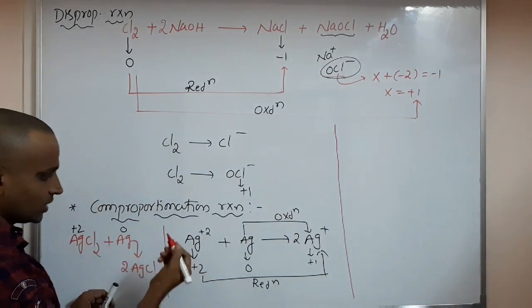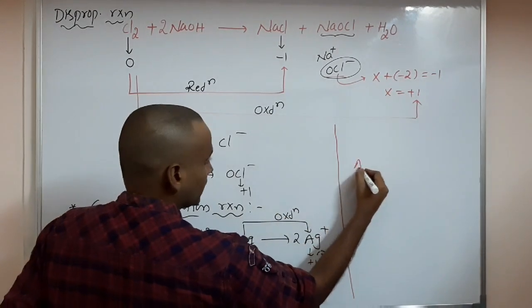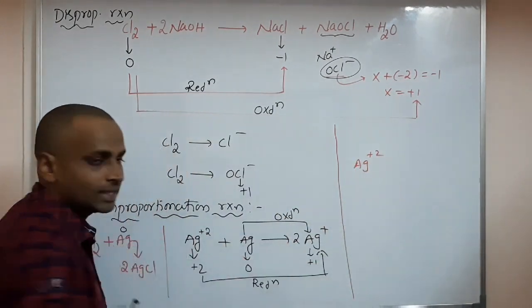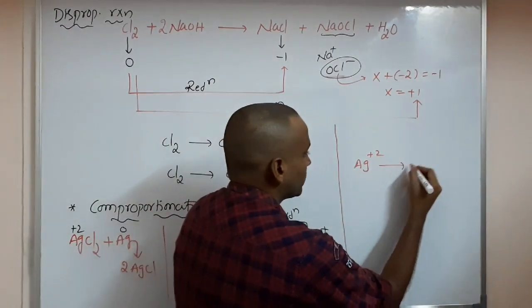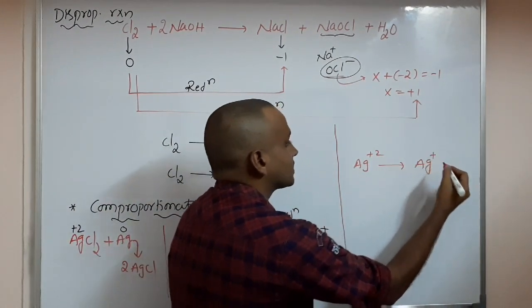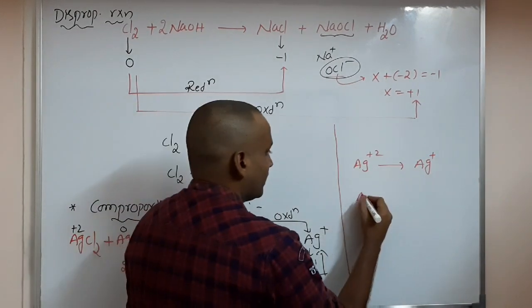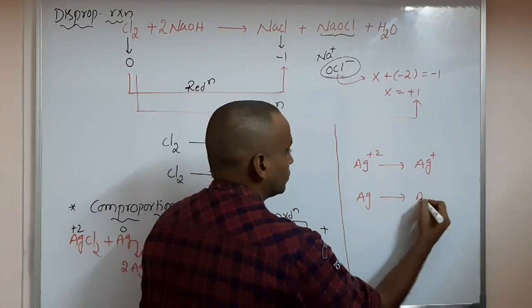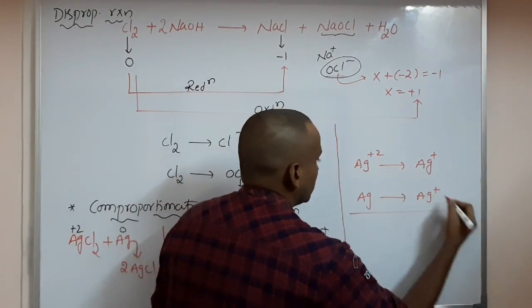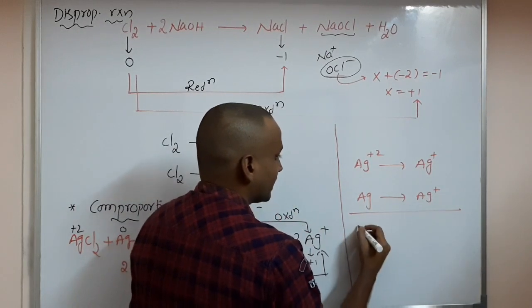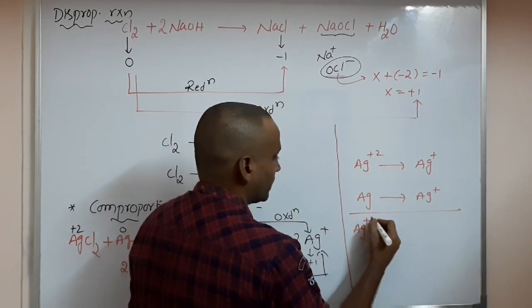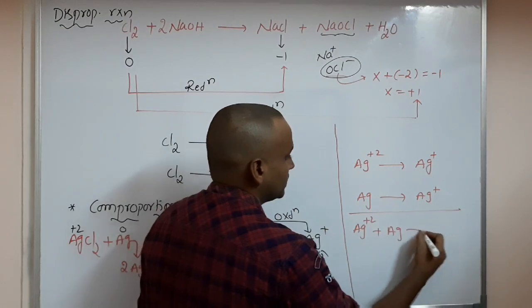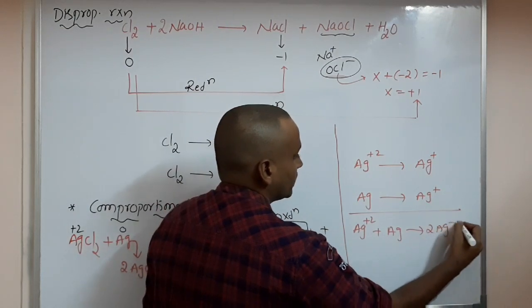Understood clearly? So here, what is the conversion you observed? Ag2+ converted to Ag+, this is one change, and Ag converted to Ag+, another change. Combined, you can write it like this: Ag2+ plus Ag gives rise to 2Ag+.